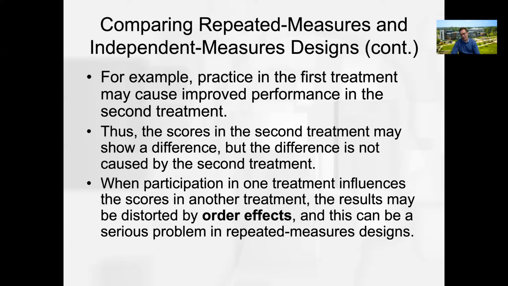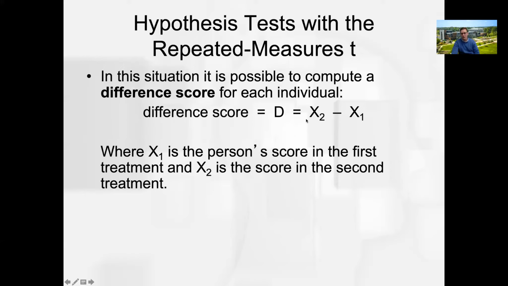Right, and so that difference score, represented by D, is just going to be x2 minus x1, right? The second score they have minus that first score. So in this case, it would be the driving while texting minus just the driving.